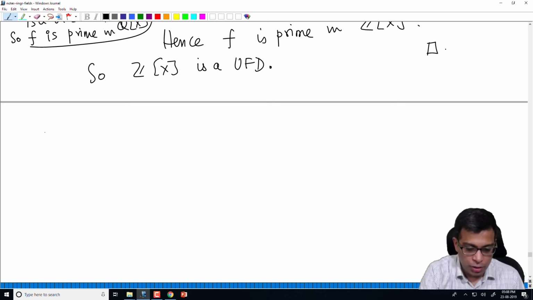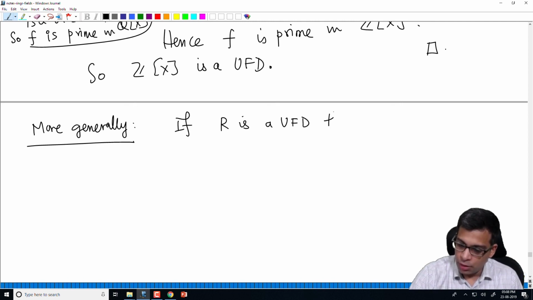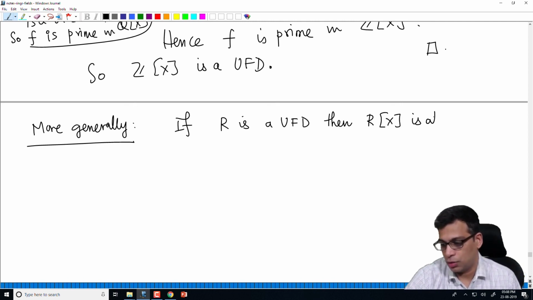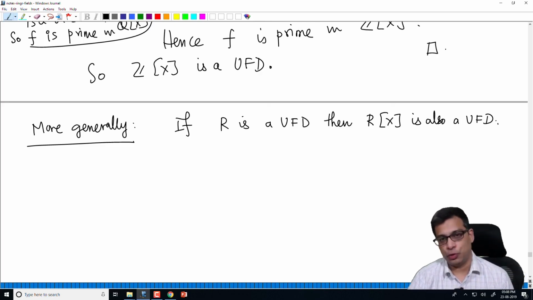Now, more generally, I will say this without proof. We can prove that if R is a UFD, then R[x], the polynomial ring in one variable over R, is also a UFD. Exactly the same proof carries over.